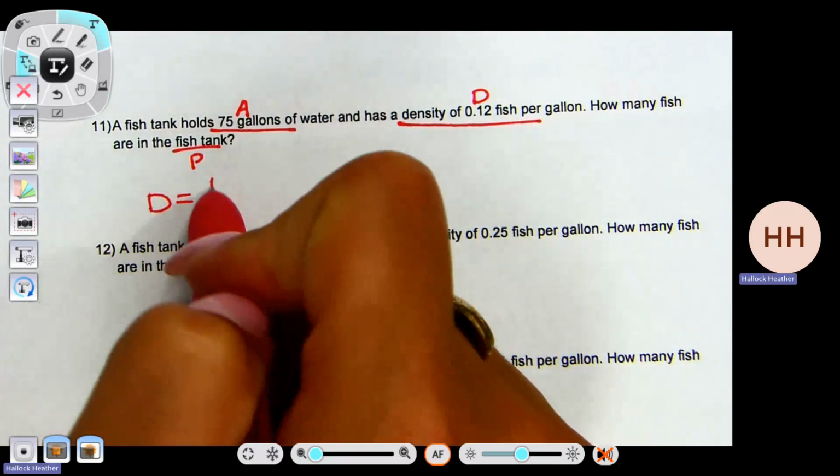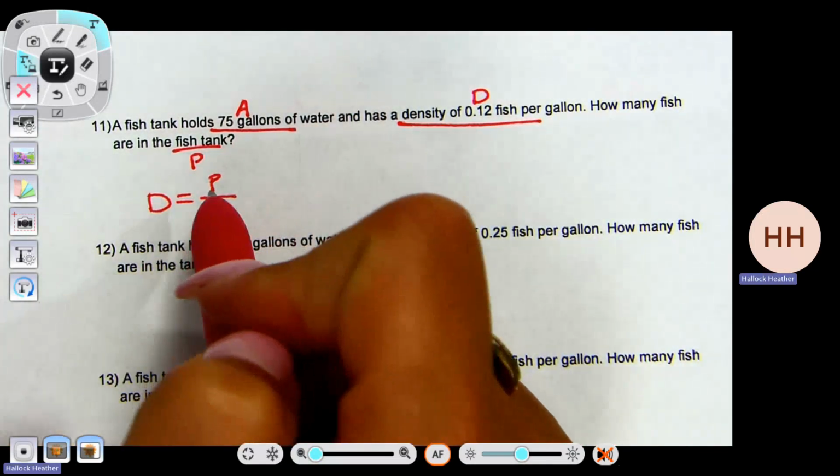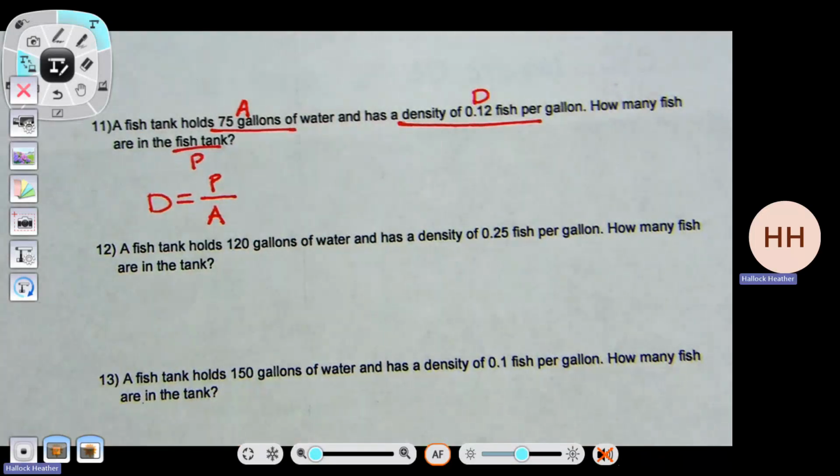Density equals population divided by area. Good thing the formulas are on the board over there. Wow, look at that. Open your eyeballs.